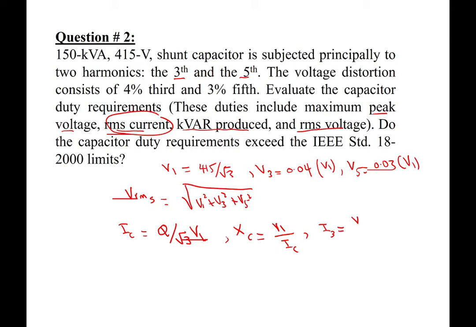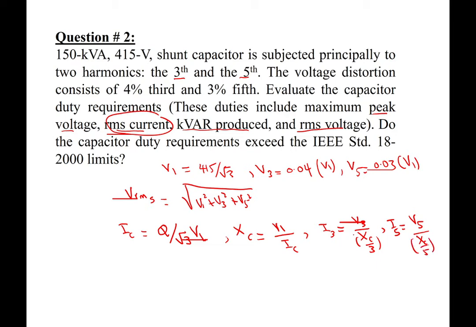So that will be equal to V3 divided by XC over 3. And also we can calculate the fifth harmonic current from V5 by XC over 5.